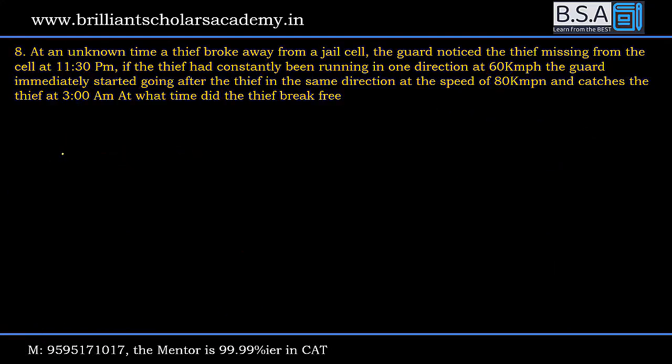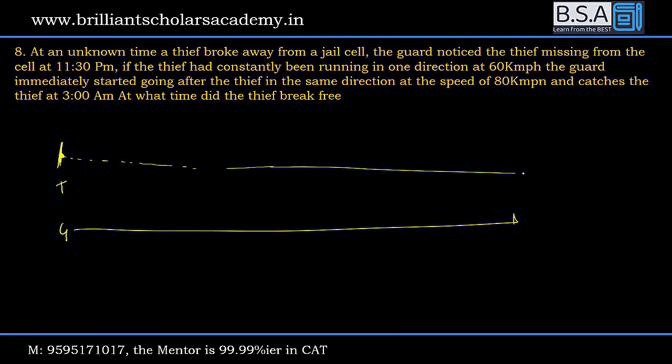See, the thief and the guard are at the same point when they meet. The thief starts to run early and then the guard goes after him to catch him. For the thief and guard to be able to meet, the distance must be the same for both. If the distance traveled is not the same, the guard will never be able to catch the thief.